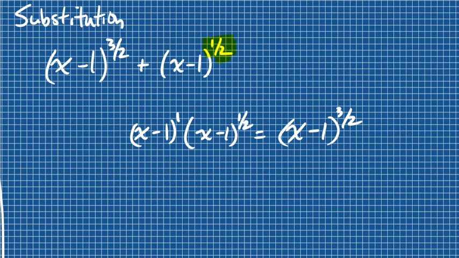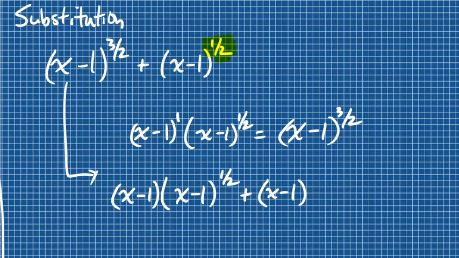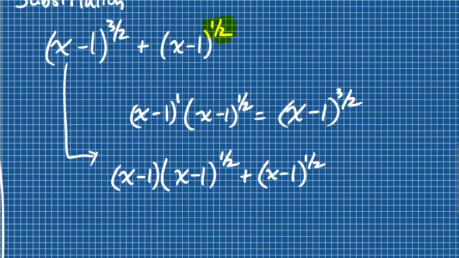And so if I want to rewrite this in a different way, I could say x minus 1 times x minus 1 to the 1 half plus x minus 1 to the 1 half. And if I didn't like fractional exponents, I could say x minus 1 times the square root of x minus 1 plus the square root of x minus 1.